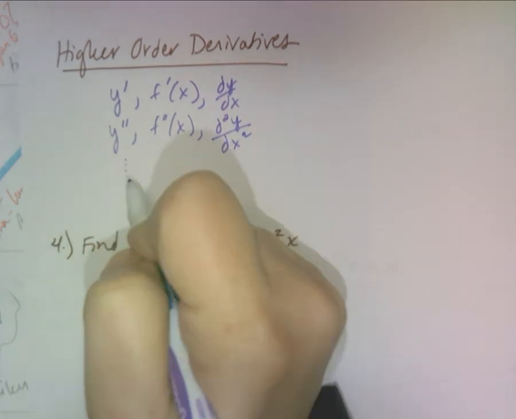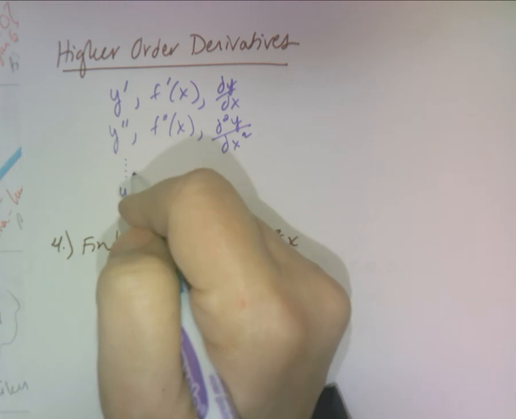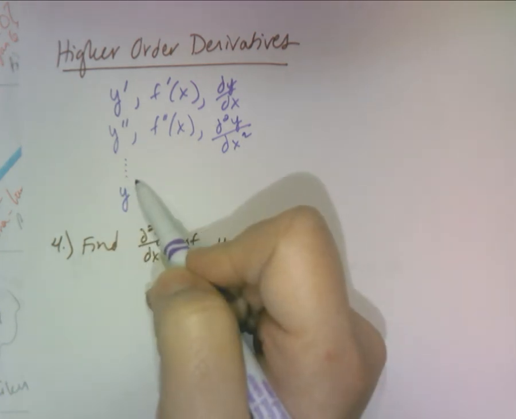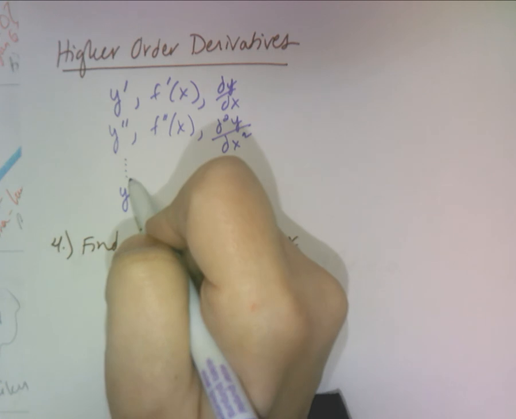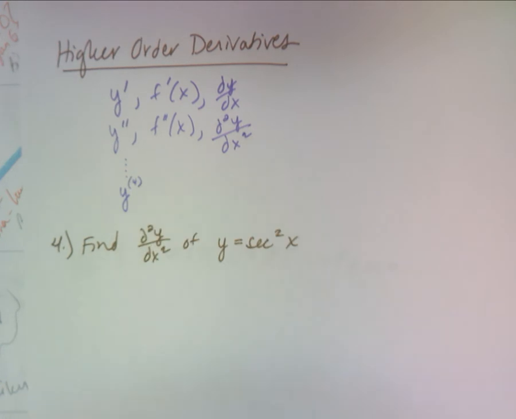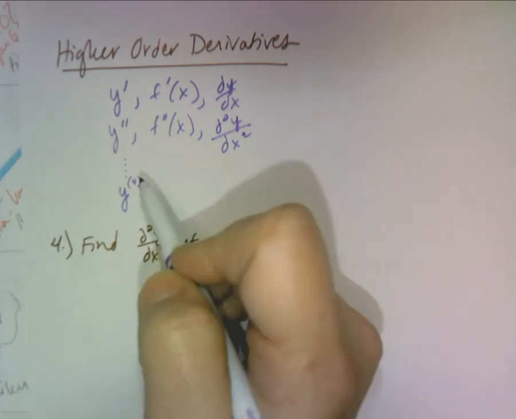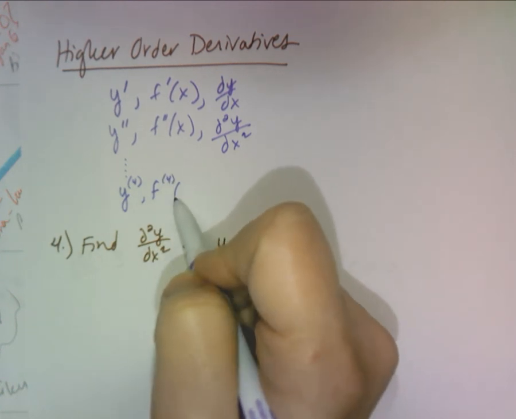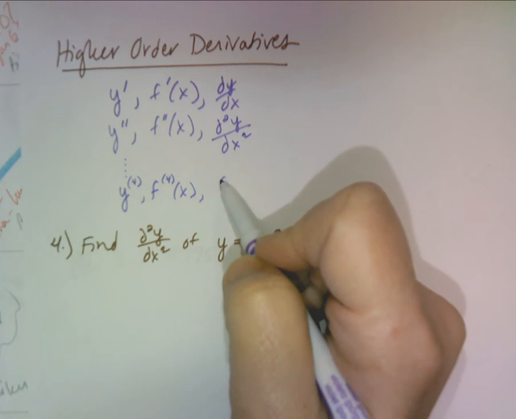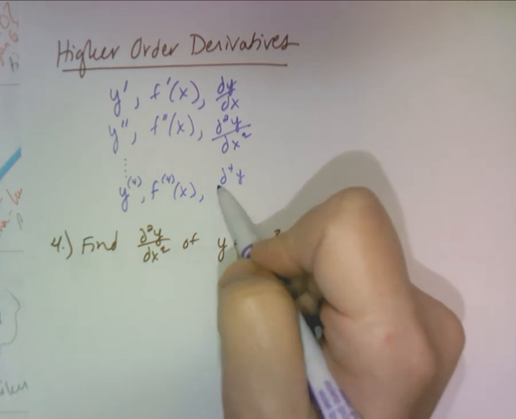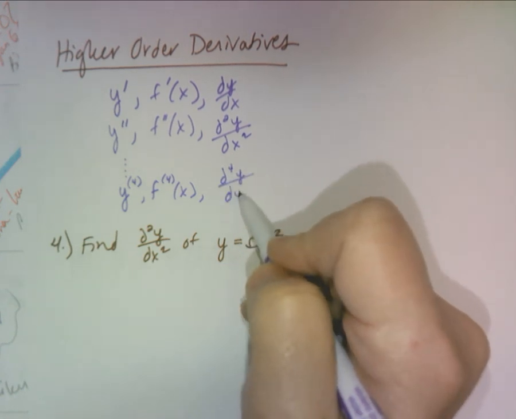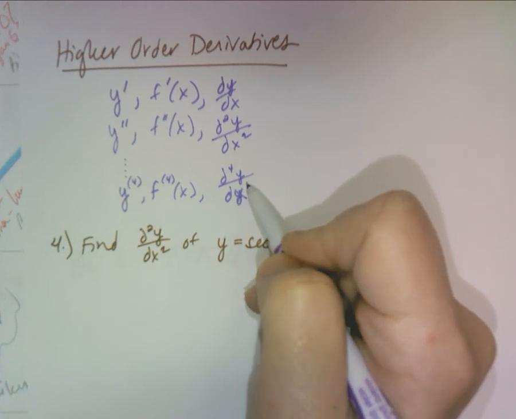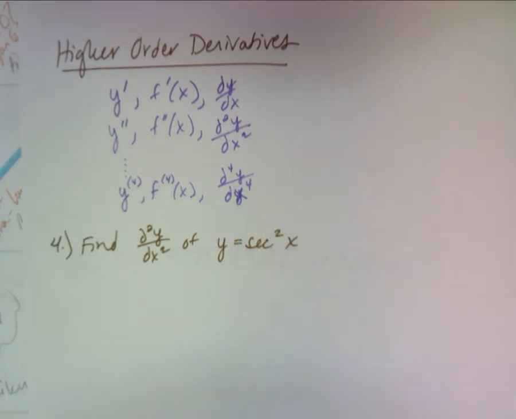We could go all the way down to y to the 4th, and we actually don't make 4 marks. We write it like this in parentheses: y to the (4), f to the (4) of x, and d to the 4th y over dx to the 4th. These are just symbols to take higher order derivatives.